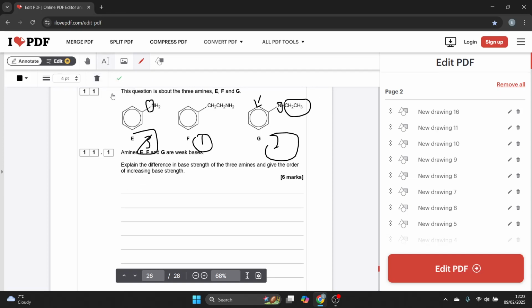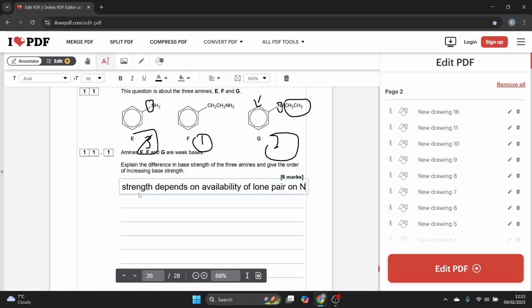Now we can start typing away. So, first thing I would say is base strength depends on availability of lone pair on nitrogen atom.